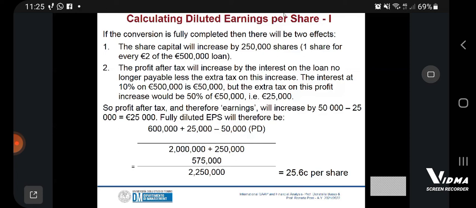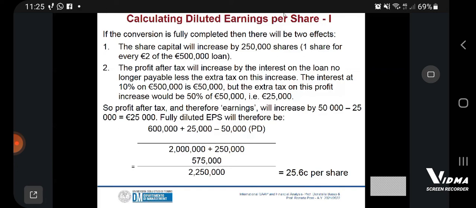In case this loan is converted into shares, later I will not have to pay interest on the loan stock. I will have to give dividends to common shareholders, but dividends are not expenditure. They are distribution of profits, as you remember. So, if this conversion takes place, I will have a higher earnings figure, because I will not pay any more interest.